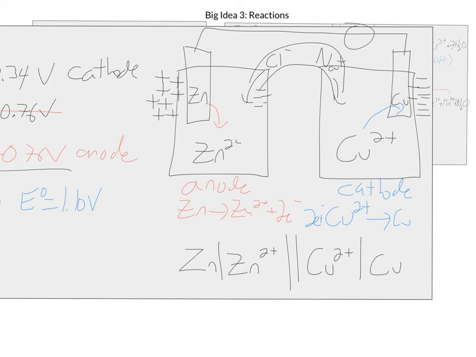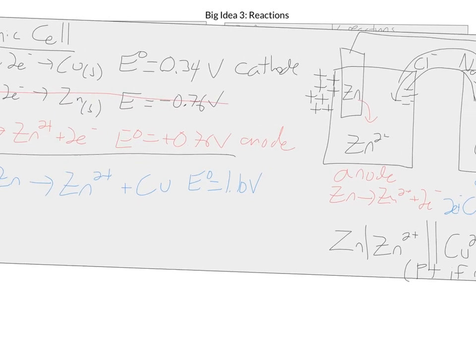So there's a phase boundary between all of those things. And then don't forget, sometimes you need to add platinum if you have no solid, because you still have to have a metal in there to conduct electricity and complete the circuit. If your reaction is taking place in solution, you need an inert metal, so platinum will take care of that for you.